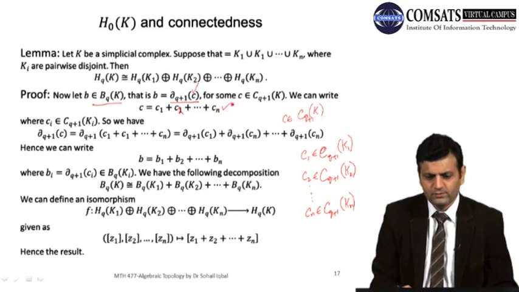And so we can decompose this element of CQ plus 1 in this way, and when we apply this boundary operator partial q plus 1, then we get the following expression.